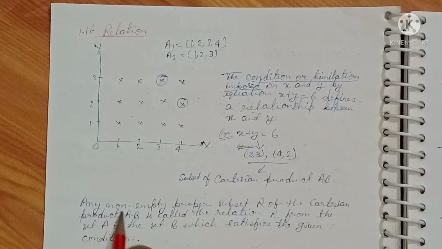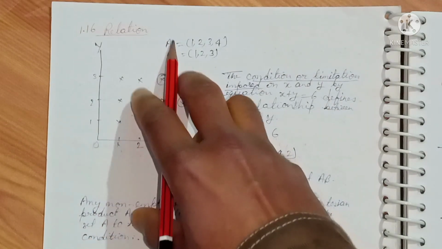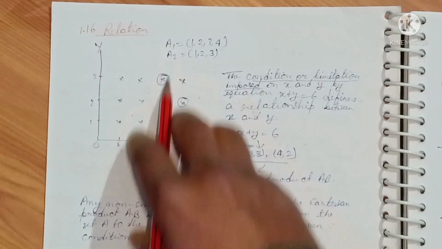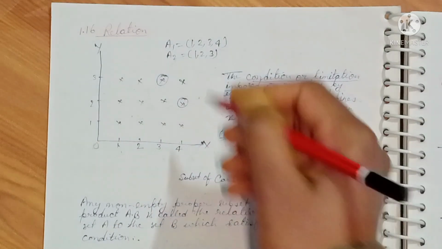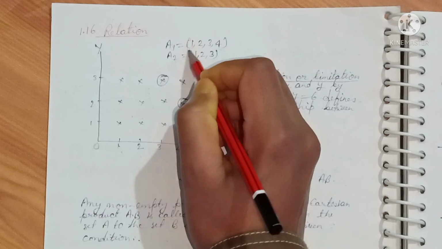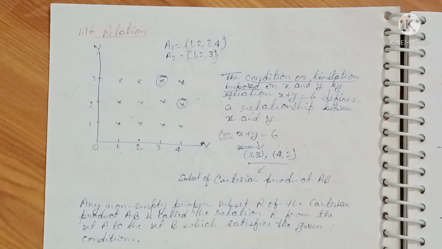Okay, so that's already written, non-empty. So here A1 and A2, two sets are given. If you find the Cartesian product of these two sets, it is better to write it down using curly brackets, because nowadays generally we use curly brackets to represent a set.